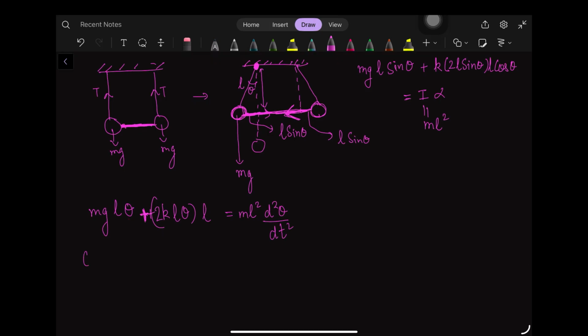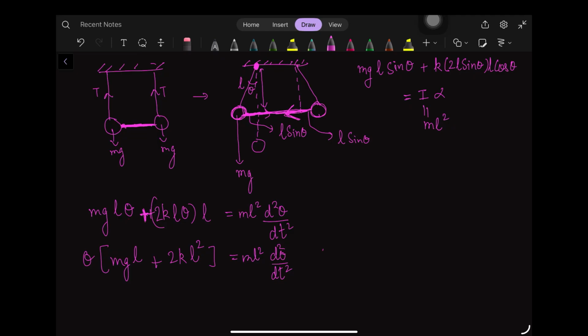Theta, if I take common, inside the bracket will be mgl plus 2k L square equal to ml square d square theta by dt square.